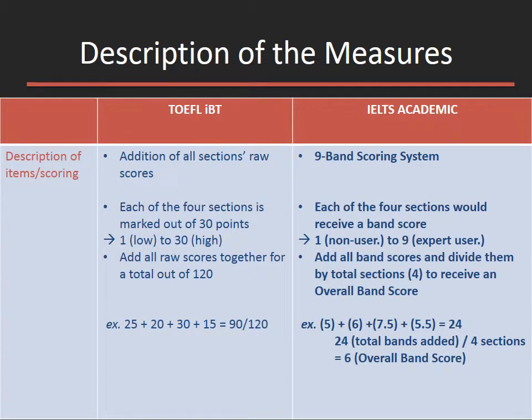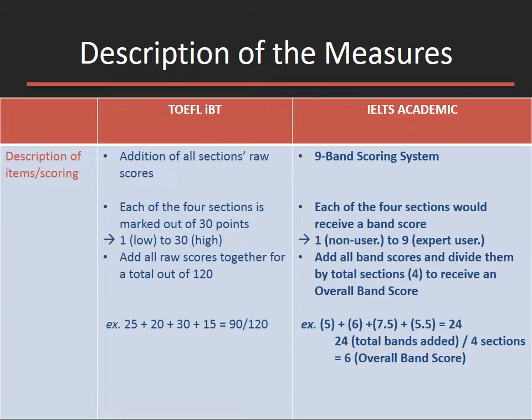Meanwhile, the IELTS academic measure utilizes a 9-band scoring system. Each of the 4 sections would receive a band score, or a total out of 9. 1 would be the equivalent of a non-user of English, and 9 would be considered an expert user. You add all band scores and then divide it by the total sections being 4 to receive an overall band score.